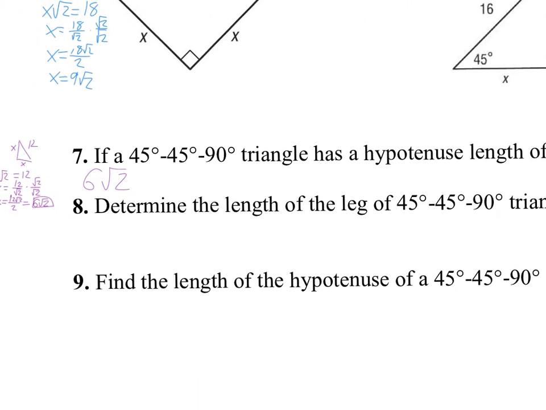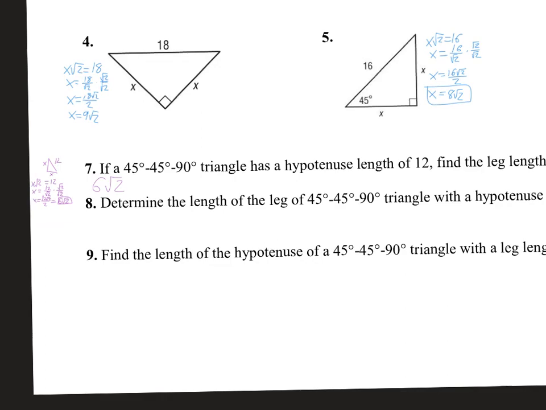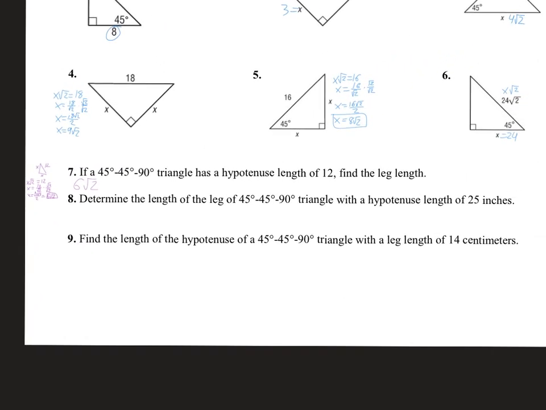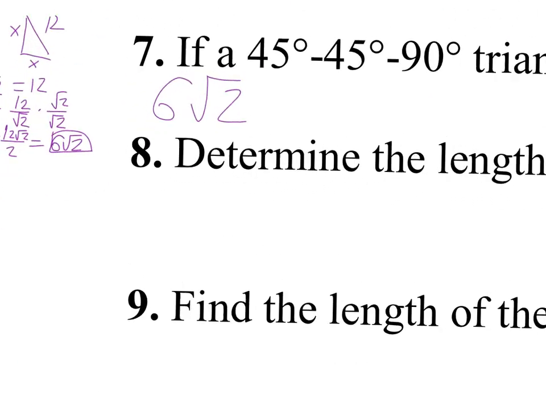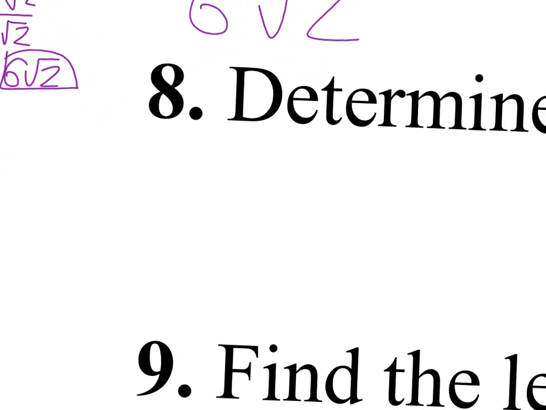Number 8, determine the length of a leg of a 45, 45, 90 triangle, hypotenuse of 12 inches. Well, sorry, of 24 inches. Sorry, 25 inches. Well, once more, we're going to set up our equation, draw a little picture.